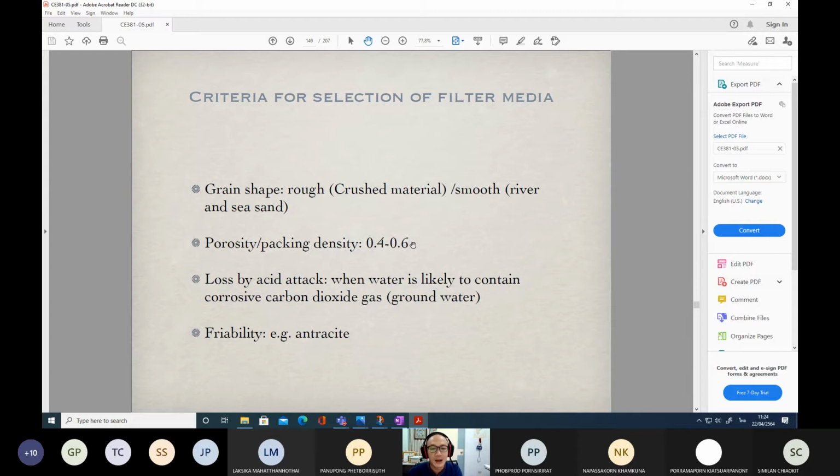There are also certain amounts of media we lose due to friability. For example, anthracite would be more fragile. If we use it for a long time, we may lose some anthracite due to its physical characteristic. But anthracite is good in terms of odor and taste removal.